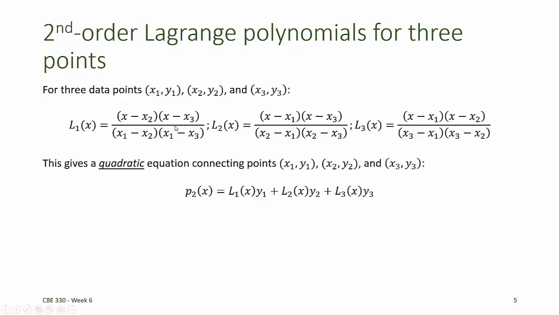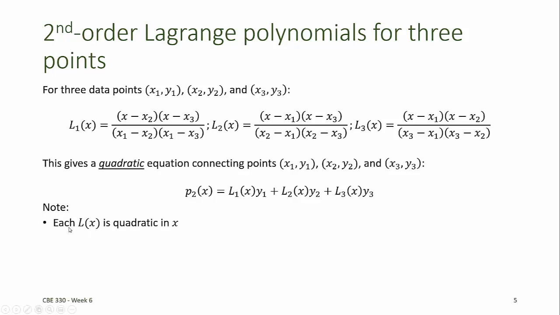Therefore, when we sum the products of these L's with their respective y's, when x is equal to x1, the polynomial is equal to y1. When x is equal to x2, the polynomial is equal to y2, and when x is equal to x3, the polynomial is equal to y3. Therefore, this quadratic polynomial will exactly match all three of the data points.